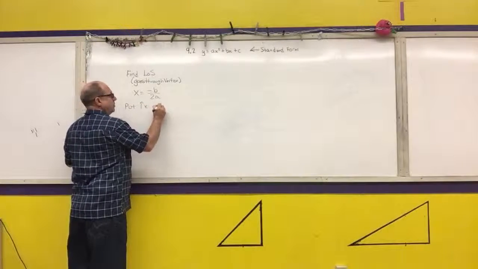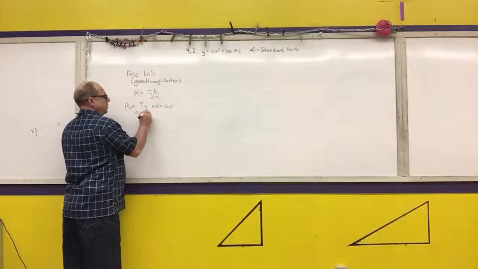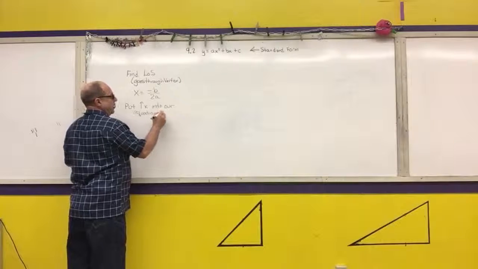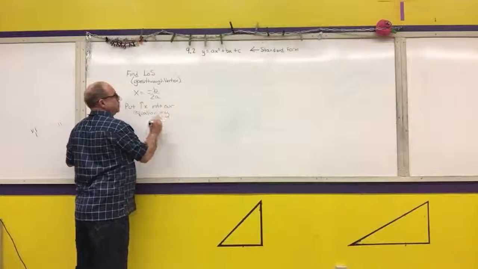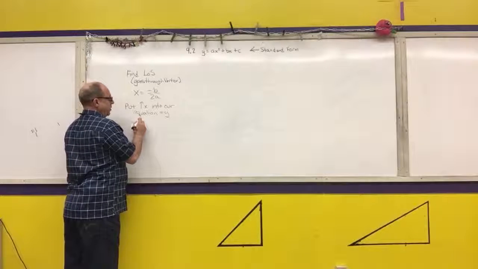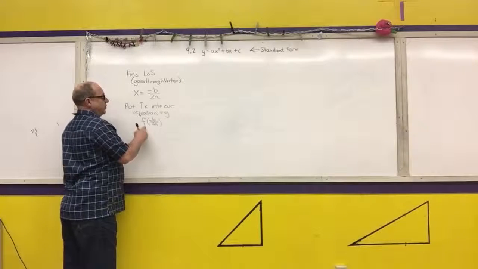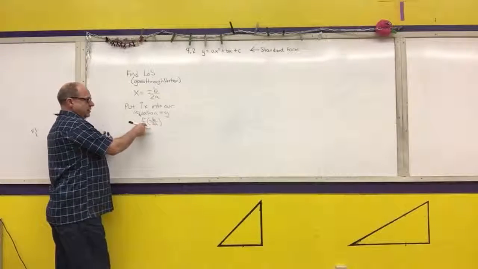Then what we're going to do is put the x into our equation to find the y coordinate. So the way that you'll see this is we're going to find f of negative b over 2a, which means take negative b over 2a and stick it into your function.